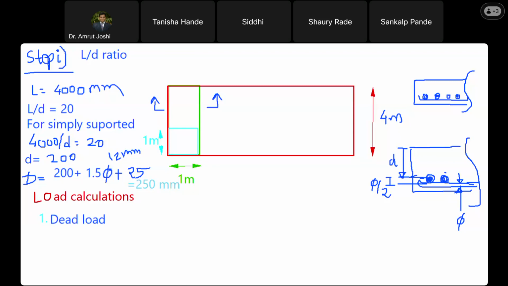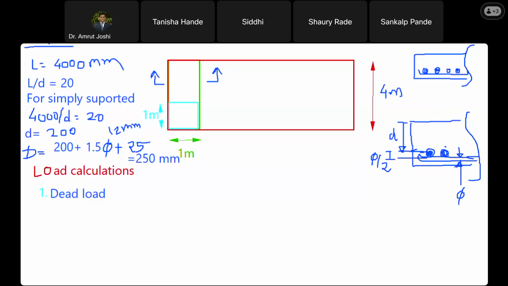Now let us calculate dead load. So dead load is to be calculated over this chunk 1 meter by 1 meter. Now can you tell me what will be the dead load due to self weight of this slab? So what is the volume of this 1 meter by 1 meter chunk?